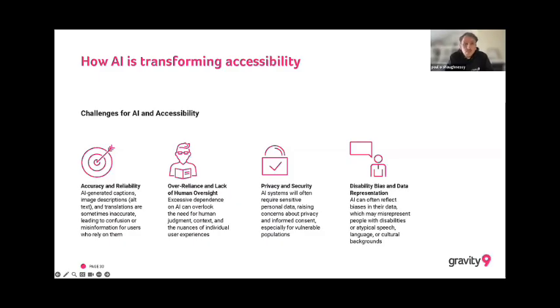And then finally, we have gender and racial bias. Some studies have shown that AI systems can inherit biases related to gender and race, which can further marginalize certain users when interacting with AI-driven accessibility tools.